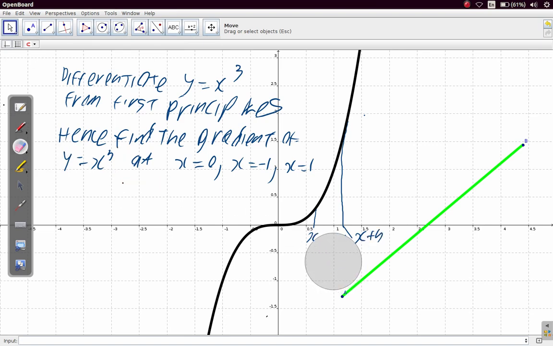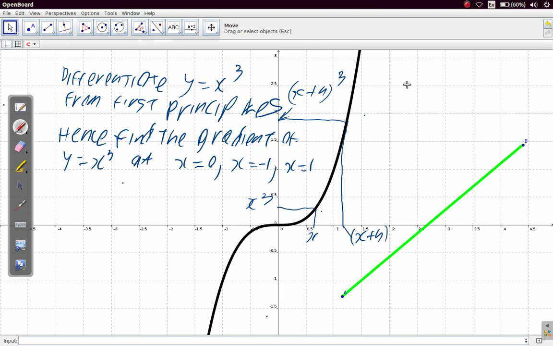And when you have x here, what you have here is x cubed. When you have x, y is x cubed. When x is x plus h, y would be right here x plus h cubed.